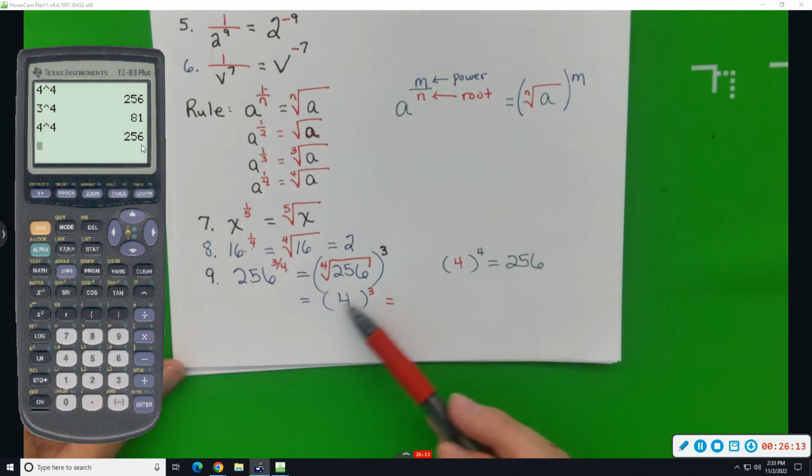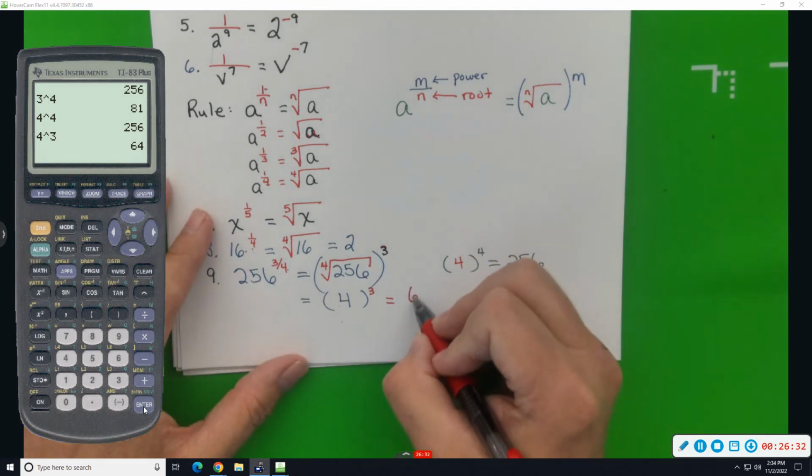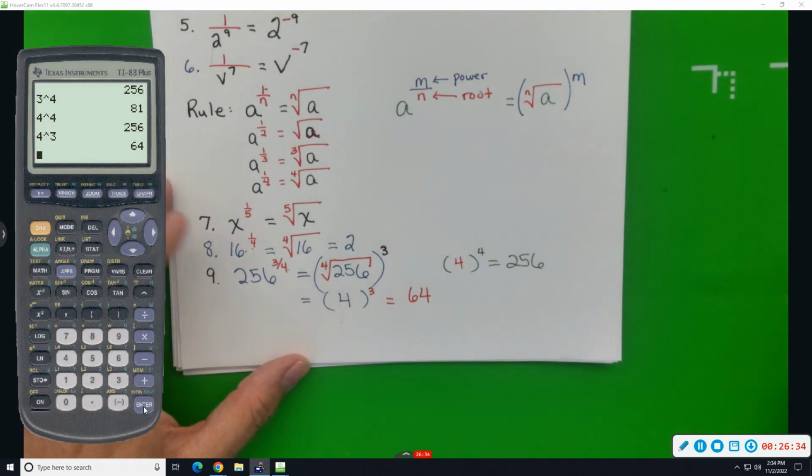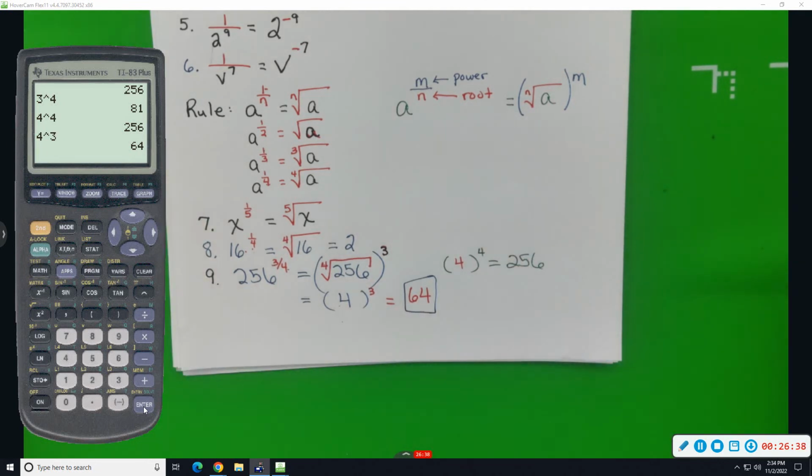So that's saying 4 cubed. 4 times 4 times 4: 4 times 4 is 16, times another 4, that's going to give us 64. And you can verify it with your calculator. 4 raised to the power of 3, and sure enough, it gives us 64. Any questions there?